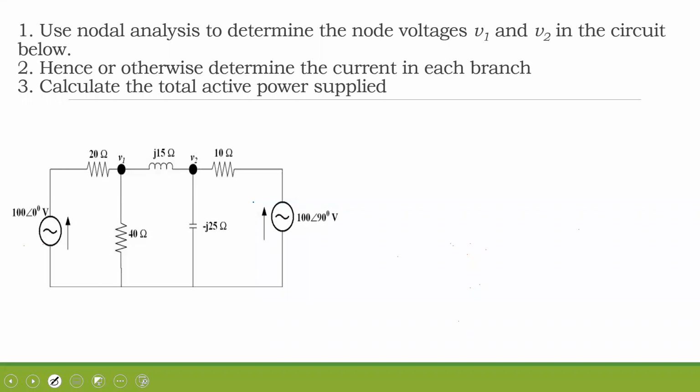So for position A11, what are the elements connected to node 1? The 20 ohms, the 40 ohms resistor, and the 15 ohms inductor. Okay, and for nodal analysis, what did we say about A11?